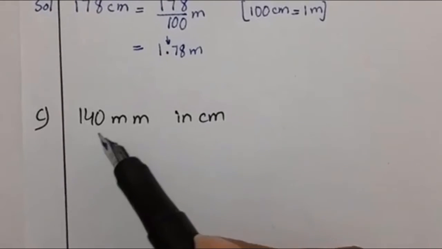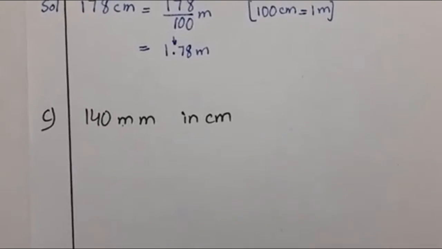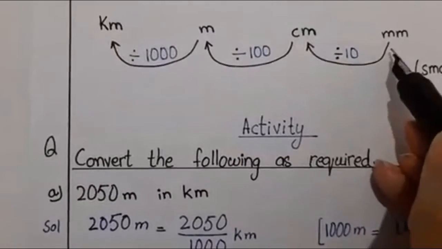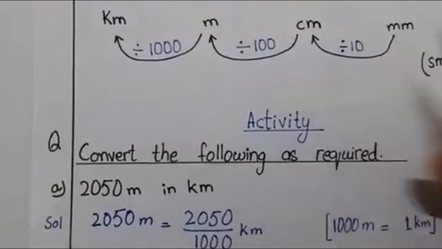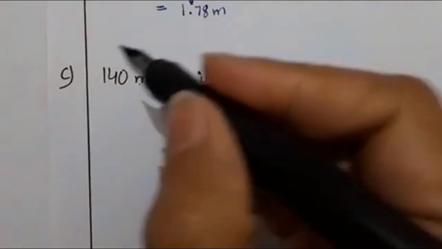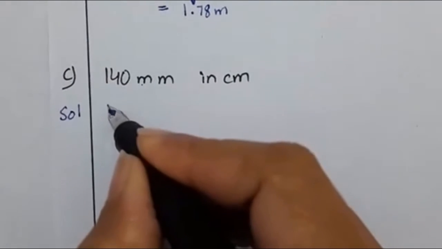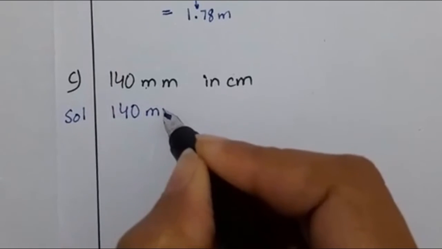In sum 3 or C part, it is 140 millimeters in centimeter. So millimeter is the smallest unit and we have to convert it into the centimeter. Here you can see when we have to convert the millimeter into centimeter, we have to divide the sum by 10. So we have to divide 140 by 10, and it is very easy. So we will write in the solution 140 millimeters.